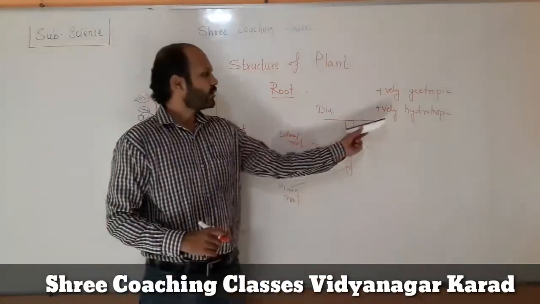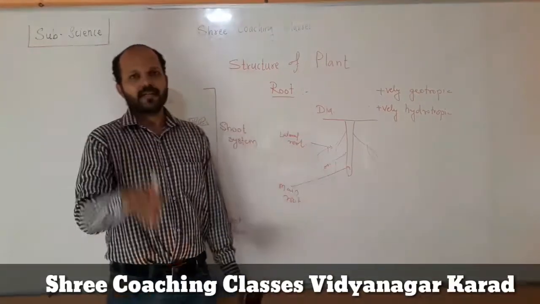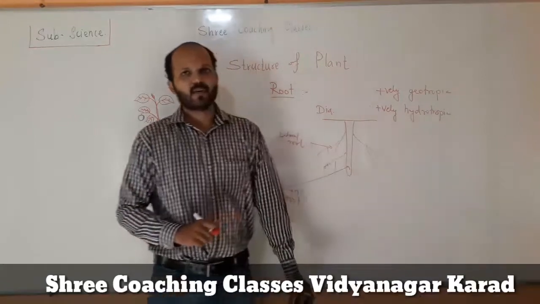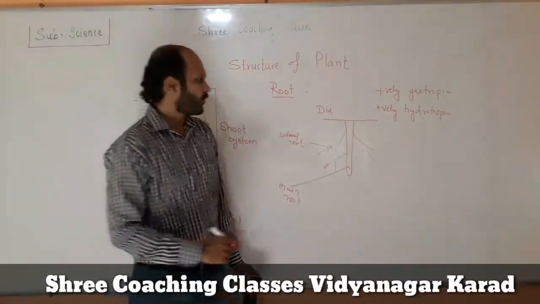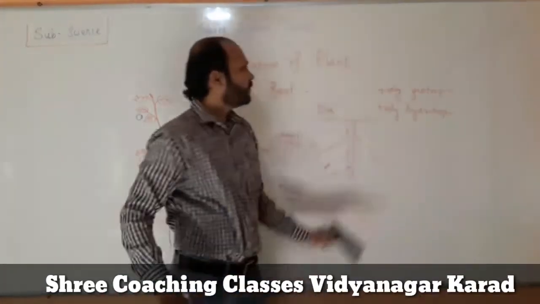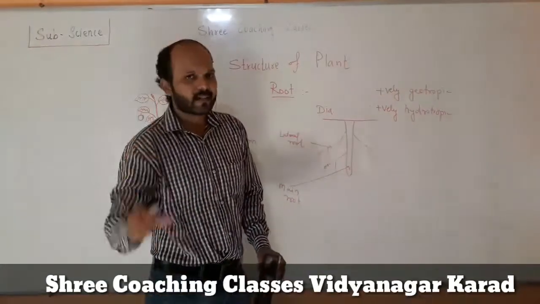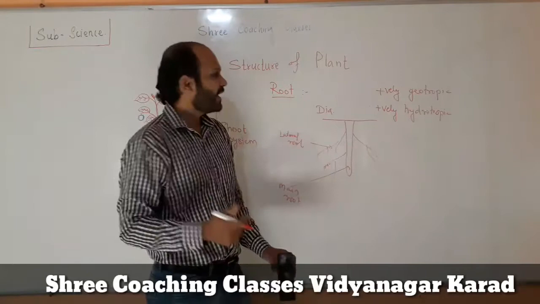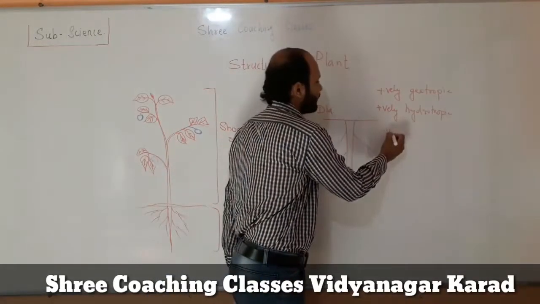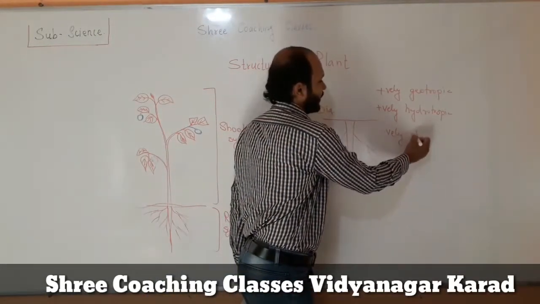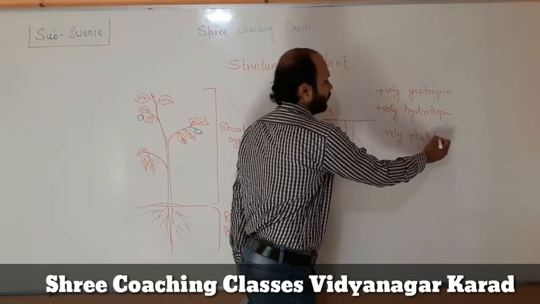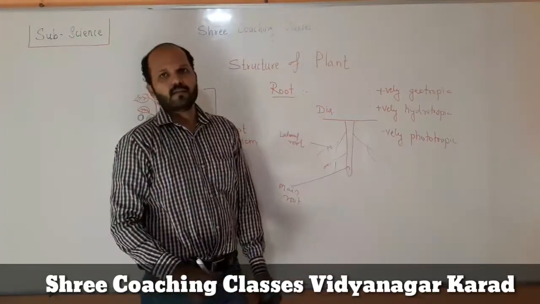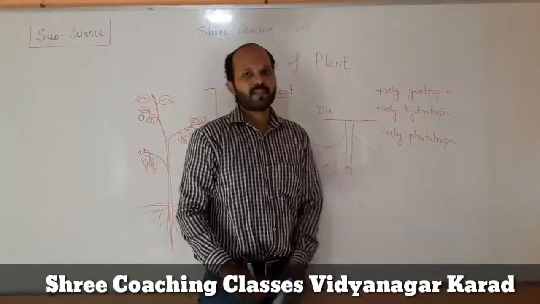It means that roots develop under the ground in search of water also. Then, since roots develop under the ground, they are negatively phototropic. Photo means light.